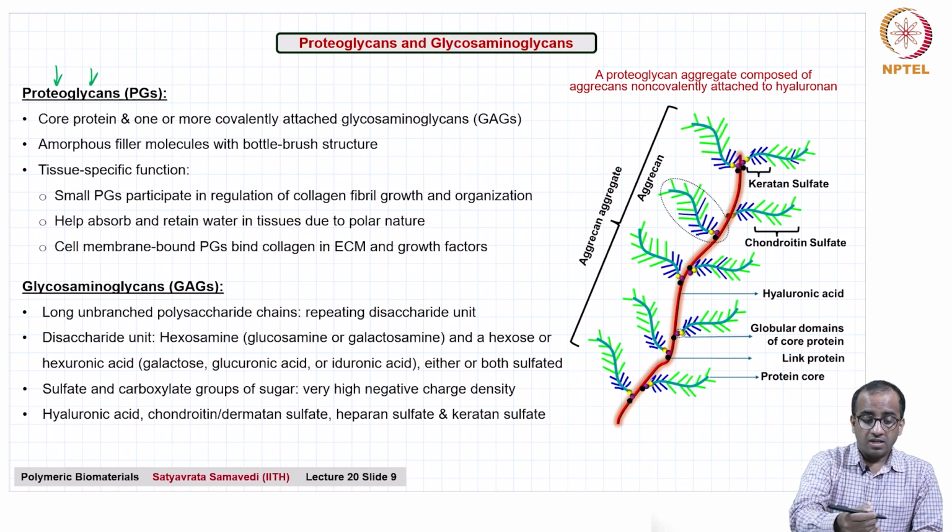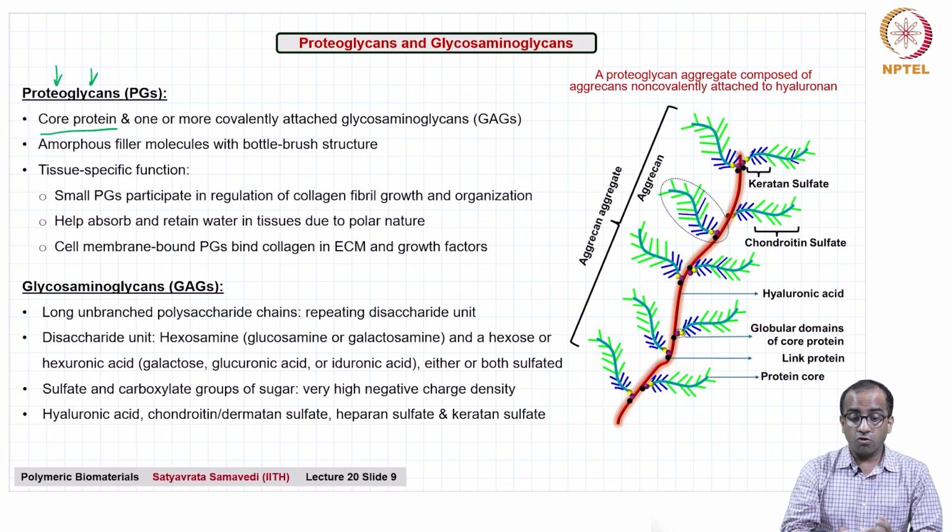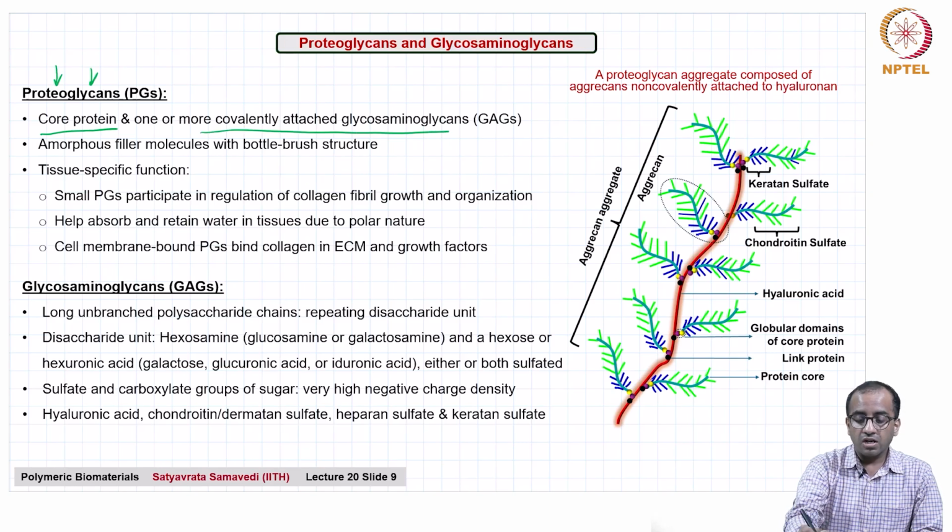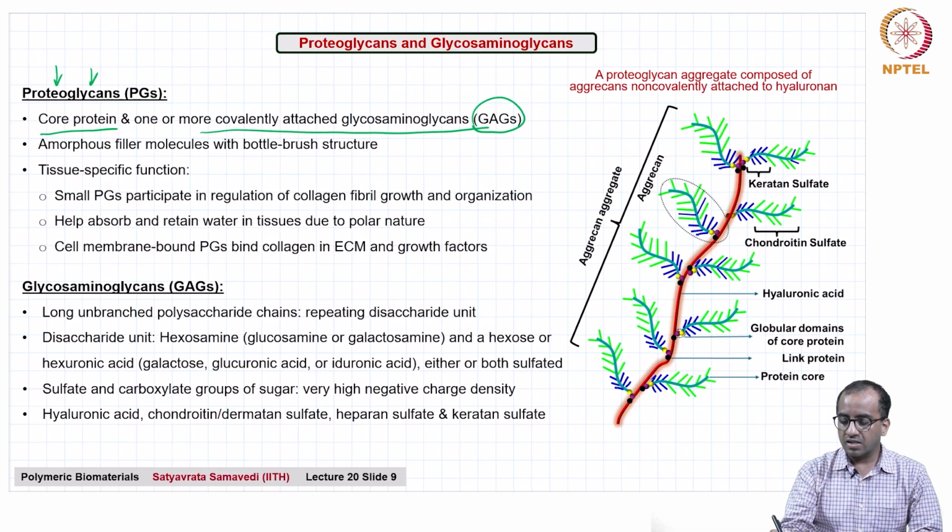So, these are biological molecules that have a core protein which are covalently attached to glycosaminoglycans or GAGs. And one example of that is shown here, which is Aggrecan. It is a very important and famous proteoglycan.